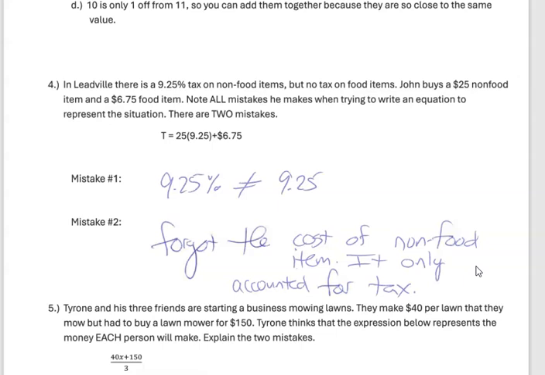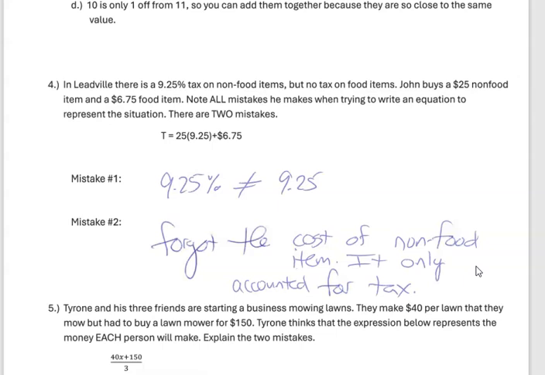Now on this problem right here, it says that a person wrote out an equation. They said that it was the same problem that we had in the quiz, where it's talking about non-food items being taxed and the food items not being taxed. And they say this was the situation. It was a $25 non-food item and a $6.75 food item. List the mistakes that the person made. Well, there's 2 mistakes. Number one, they said 9.25% is just 9.25.